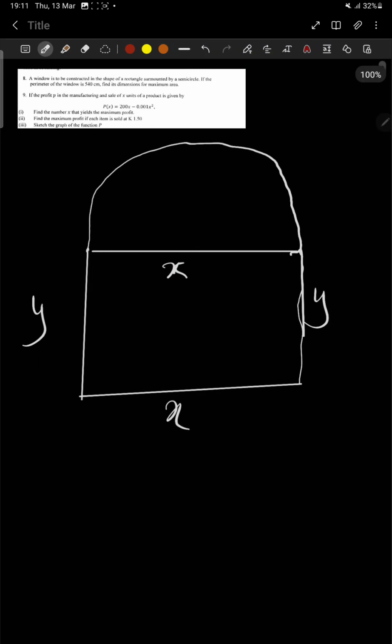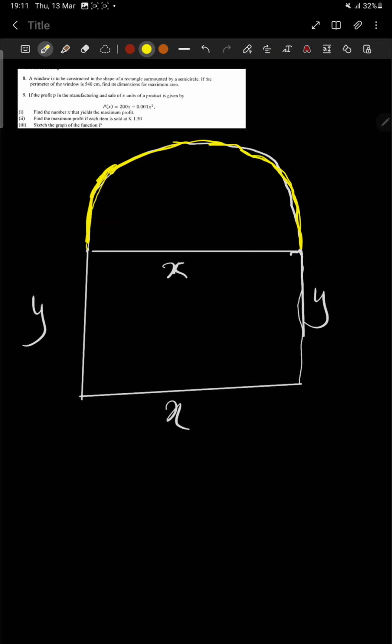Now surmounted by means it's on top, a semicircle. So this is a semicircle, like that. Now if this is y, even this will be y. If this is x, even this total distance will be x, right? So now notice, since this one on top is a semicircle, we can notice it's a semicircle.